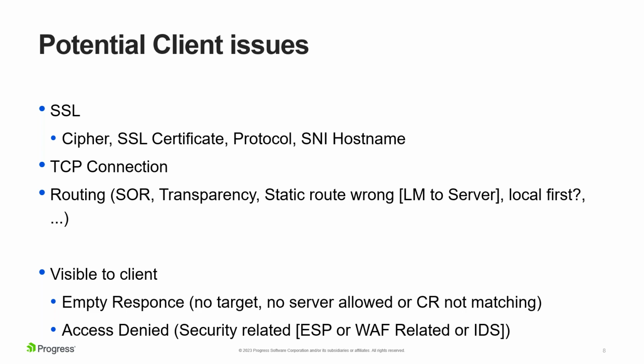Could it be that there's transparency enabled, but the server gateway doesn't point back to the load balancer? Or there's subnet originating return enabled. So routing wise, the wrong IP address shows up with the server side. That could also happen.